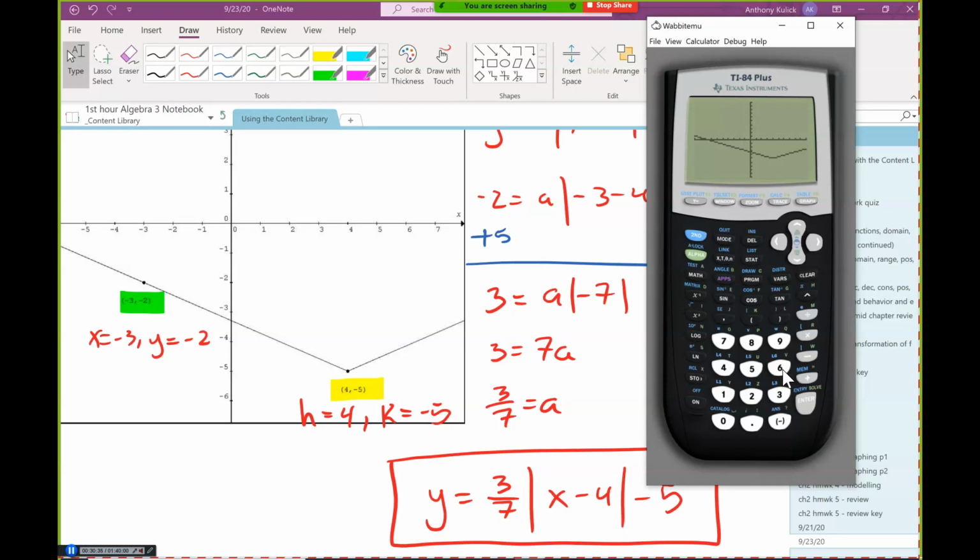Does that feel okay, Connor? Yep, so that's an excellent point. You can absolutely check these by looking at the graph on your calculator to see that it matches the one in your picture. For sure.